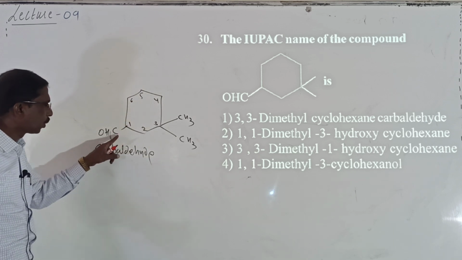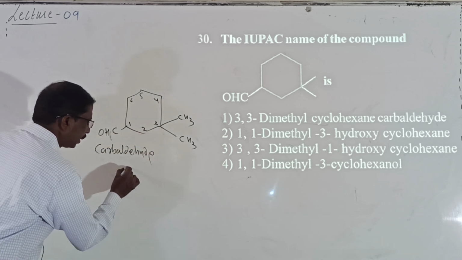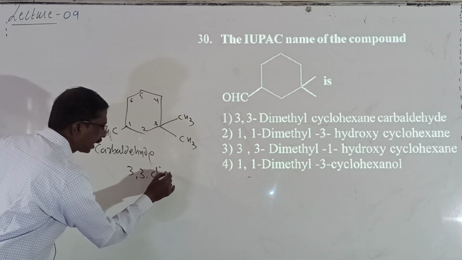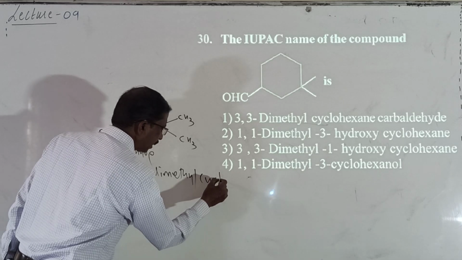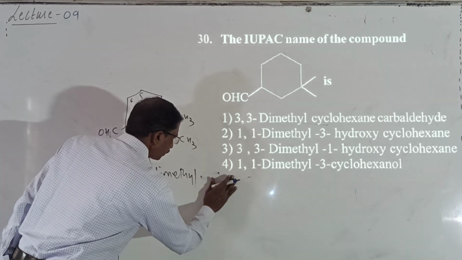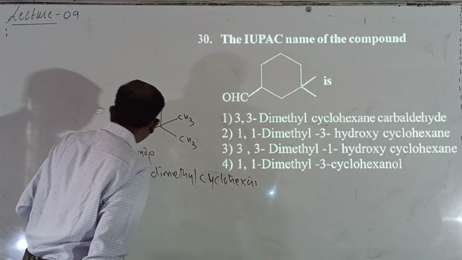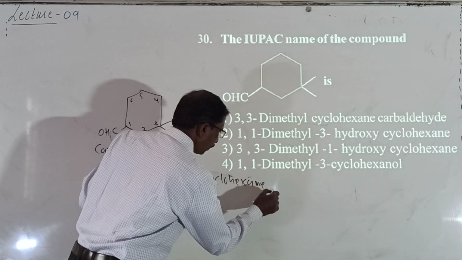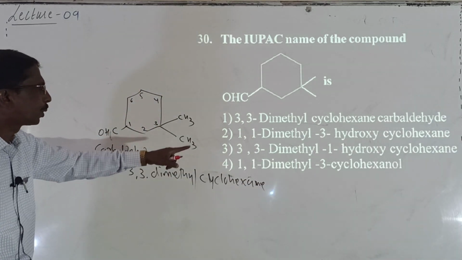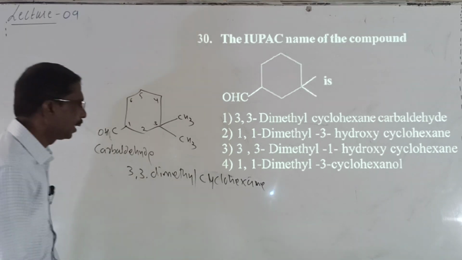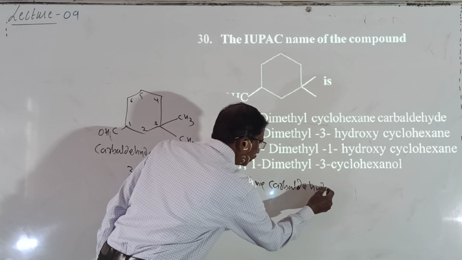So the functional group gets 1, and here it is 3, called 3,3-dimethylcyclohexane carbaldehyde.